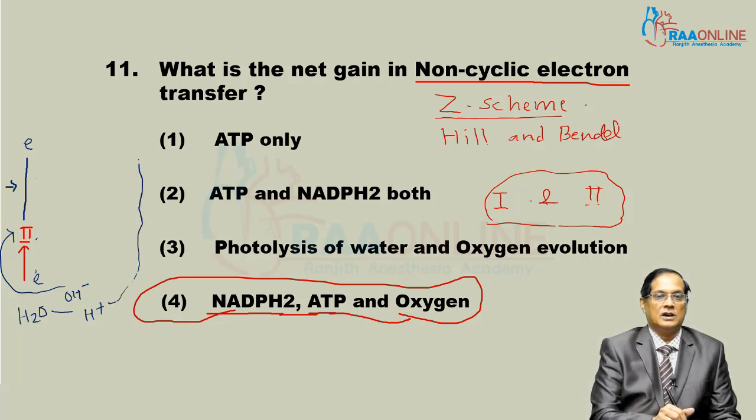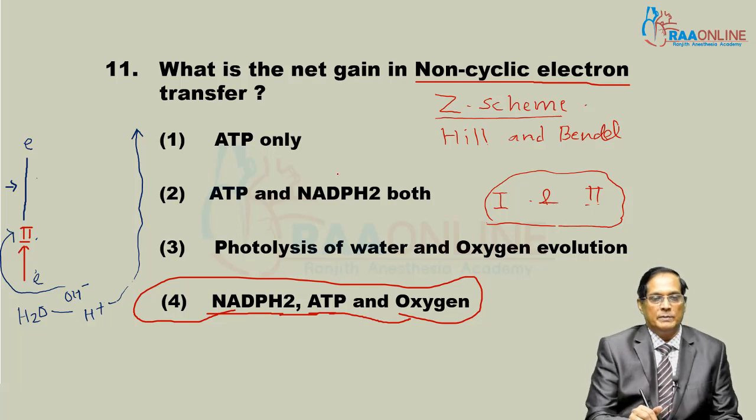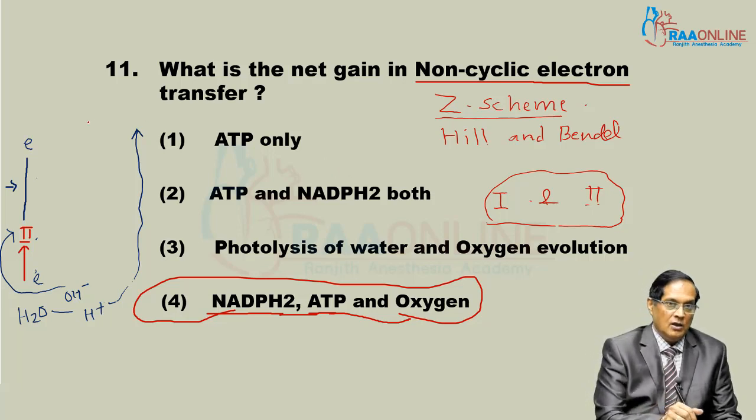These hydrogen ions are chemiosmotically released from the thylakoid membrane into the stroma, where they are trapped by the NADP. But they are positively charged. One more drawback, that is they are positively charged.